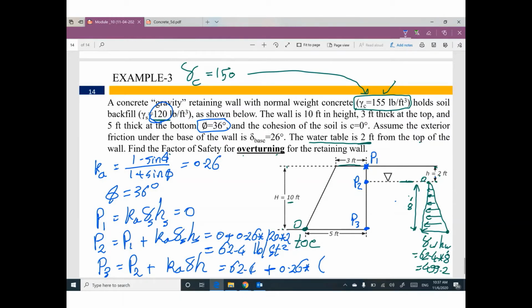So I will use the given gamma 120, but I will subtract 62.4, and the height between 3 and 2 equals 8 feet. Does that make sense? So this value will be 182.2. So we have a value here, 0. We have a value here, how much? 62.4. We have another value here, how much? 182.2, like this.